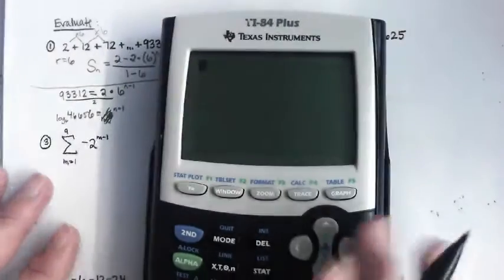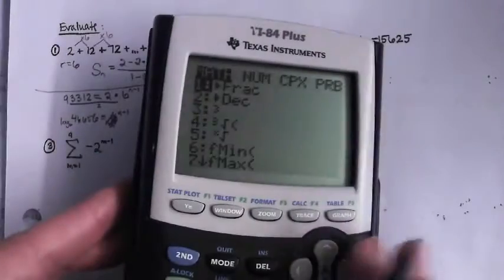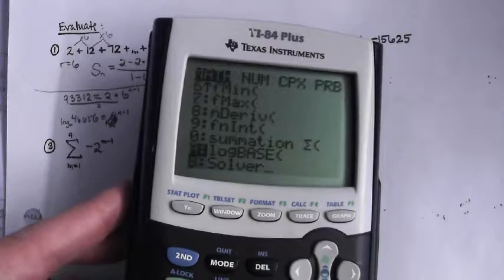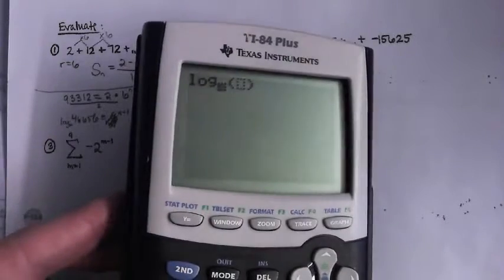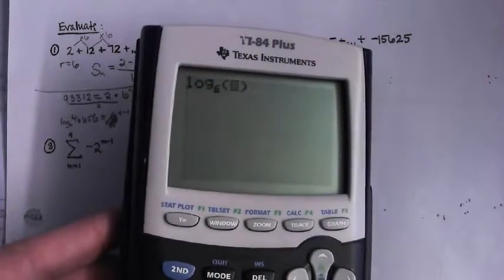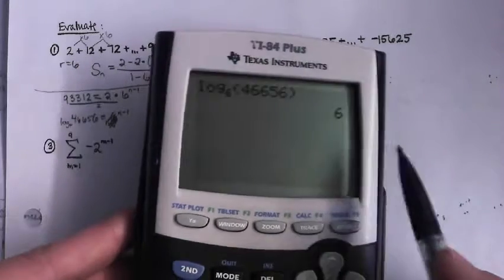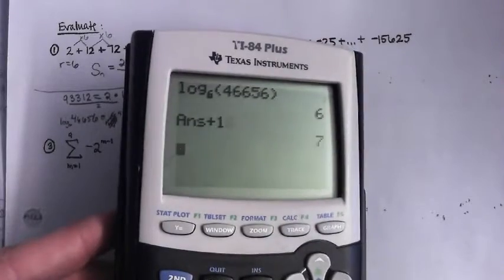So remember, under your math, you have log base. So we can do log base 6 of 46,656. Get that number first, and then add 1. 7.